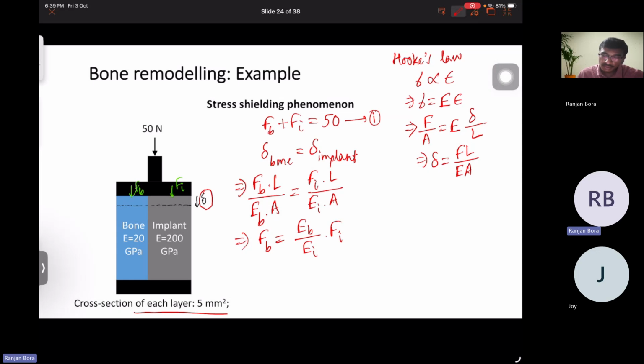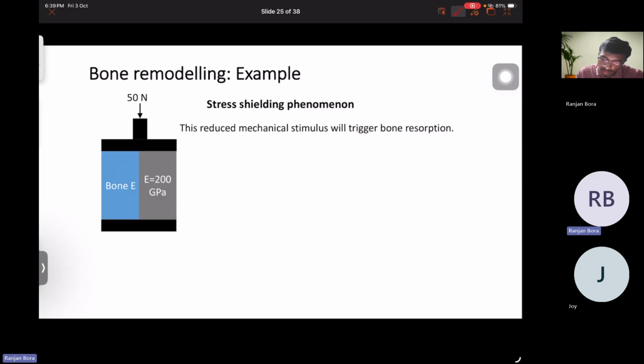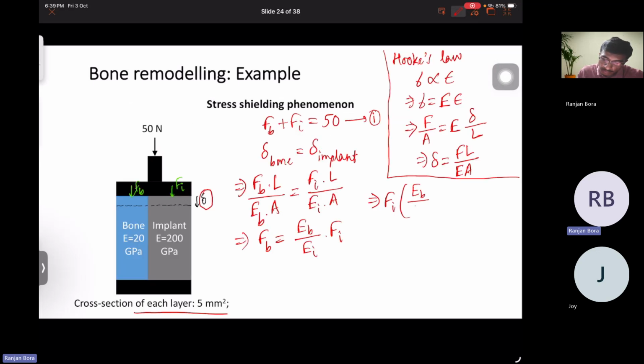We can substitute the value of FB here and we will find the value of Fi from that equation. So if we substitute, then we can take Fi common. Fi times EB divided by EI plus 1 equal to 50.